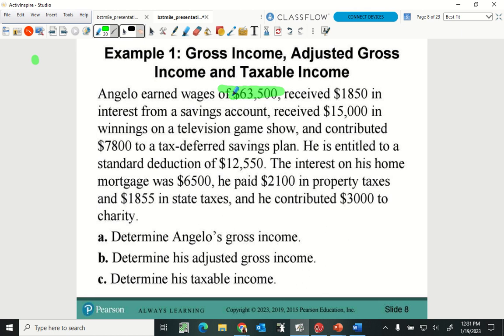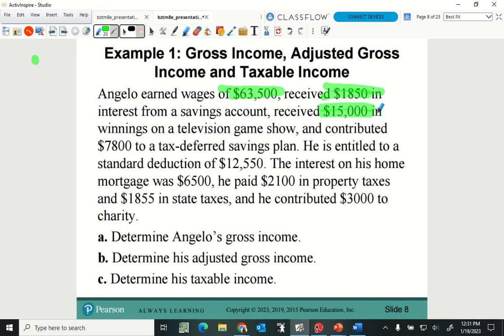He received that money from a savings account, so that is income, right? Yeah, I have to claim that. And he received $15,000 in winnings on a television game show. That's good, right? So that's part of the gross. That's part of his income.